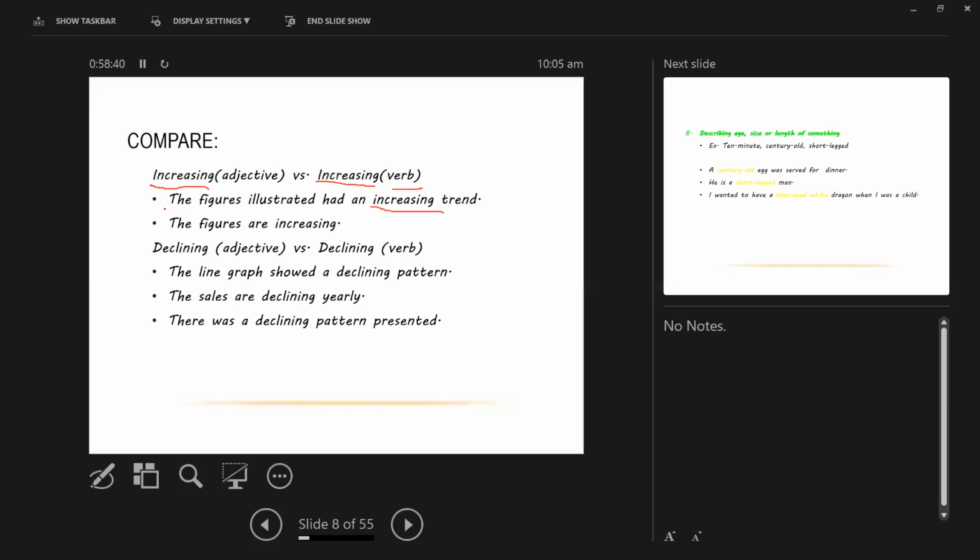So, ano yung first sentence? Adjective or verb? Okay, wait lang ha. Huwag muna kayo sumagot. Antayin natin yung mga sagot ng nasa Zoom. On the first example, the figures illustrated had an increasing trend. Is the word increasing used as an adjective or is it used as a verb?